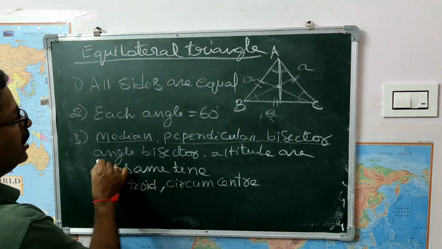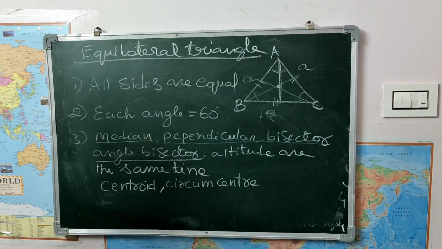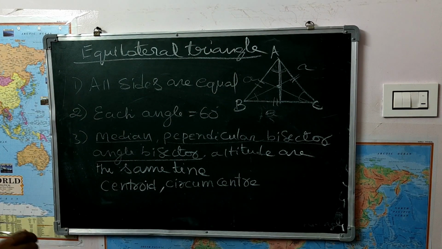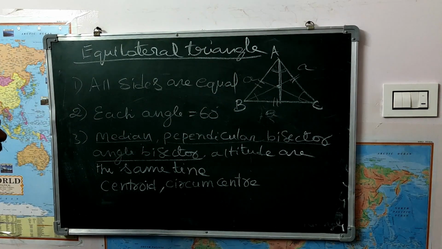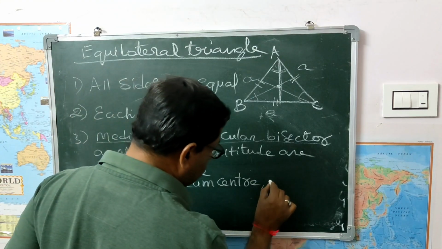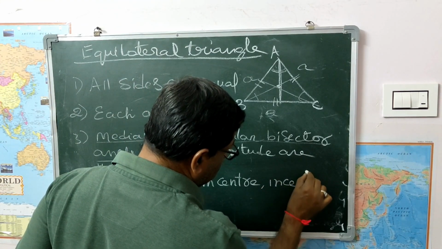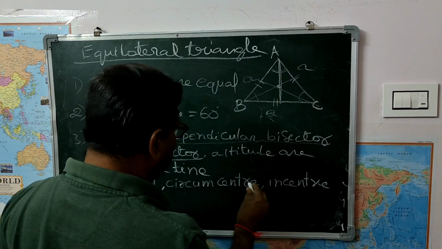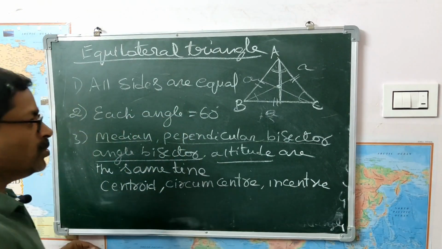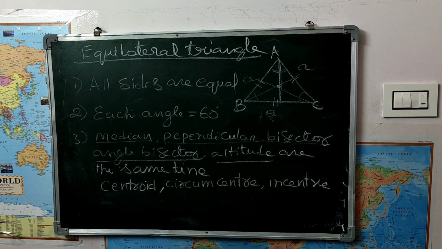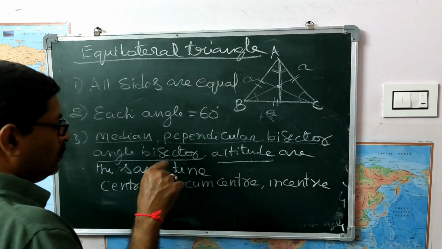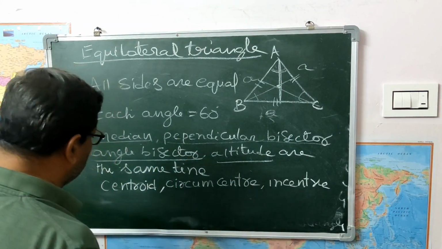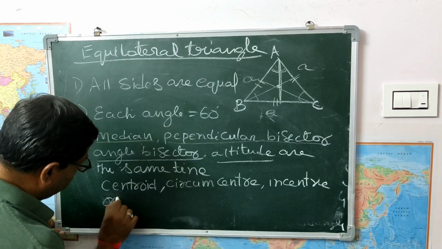And coming to the angle bisectors, three angle bisectors meet at the same point, and the point is known as the incenter. And altitudes are also concurrent lines, and they pass through one point that is called the orthocenter. Remember.